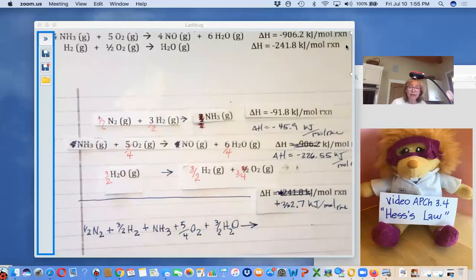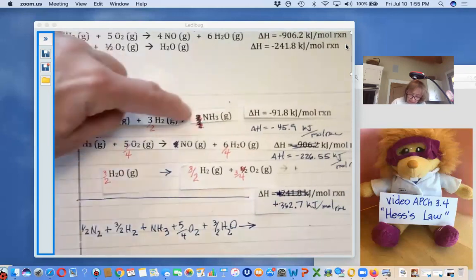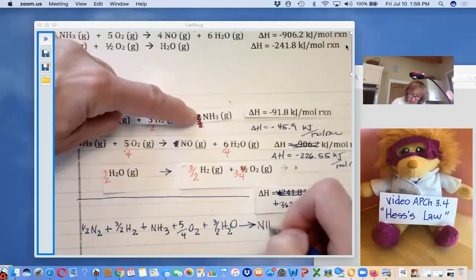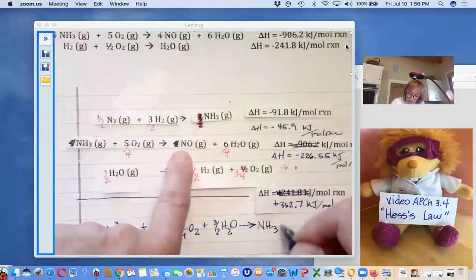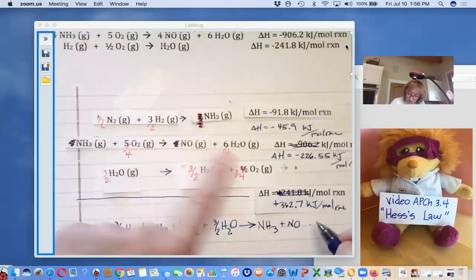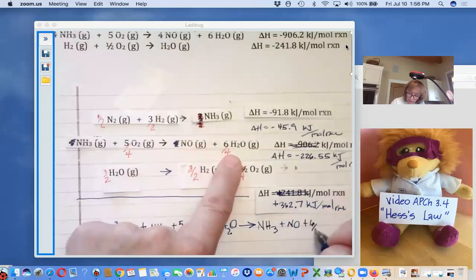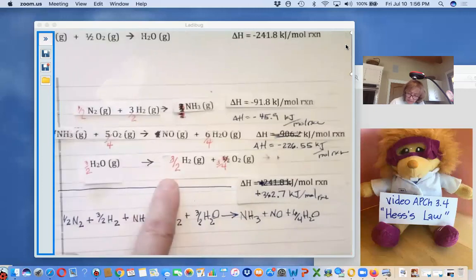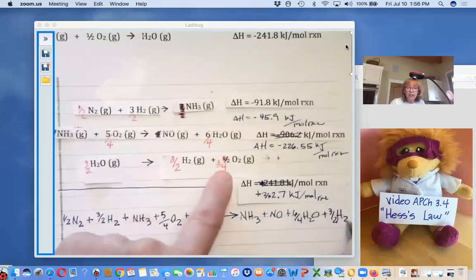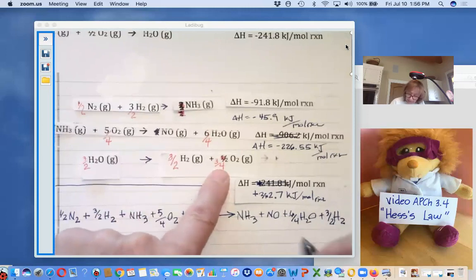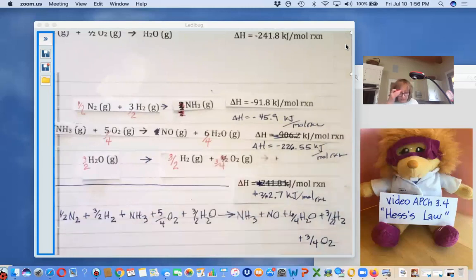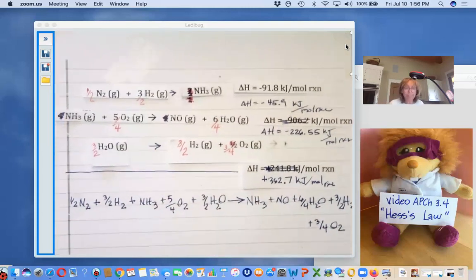And on the product side, I have an NH3, I have an NO, I have 6/4 water, I have 3/2 hydrogen, and I have 3/4 oxygen. Oh, Lordy, I hope we can do some cleanup.